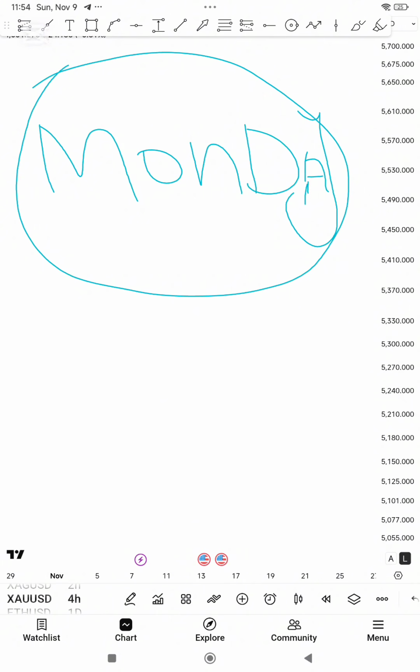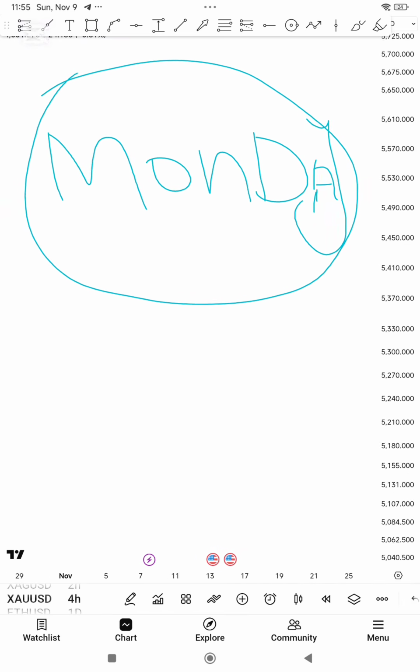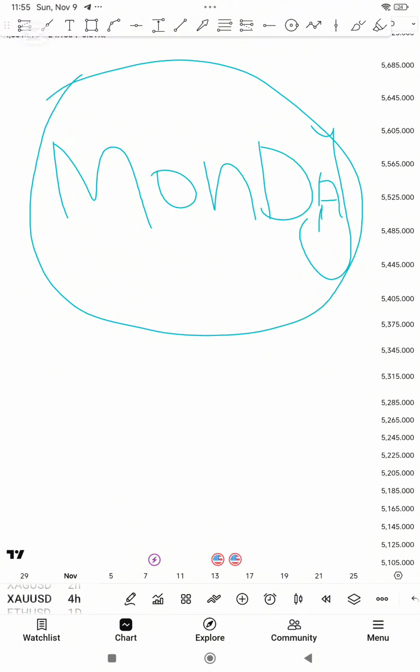So remember that the market moves from key level to key level, from internal liquidity to external liquidity. Now internal liquidity can be in the form of order block, FVG, imbalance, etc. And external liquidity can be any old high or old low.